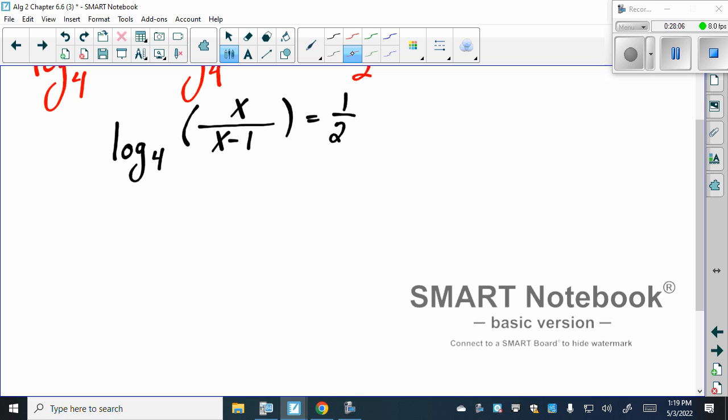What can we do next? Set it to a base of 4, yes. Because the only way to undo the logs is to do that.